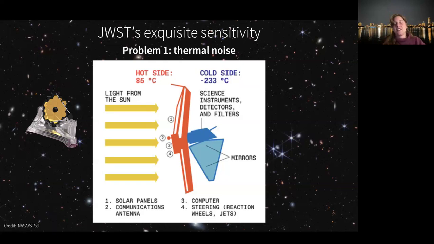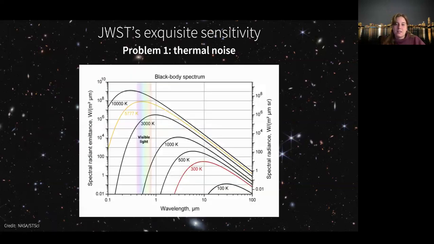And it turns out that this is actually sufficient for the near infrared instruments. If I go back to the blackbody spectrum curve, the near infrared instruments operate between roughly 1 micron and 5 microns, so if you cool down below, I don't know, 200 Kelvin, you're fine.